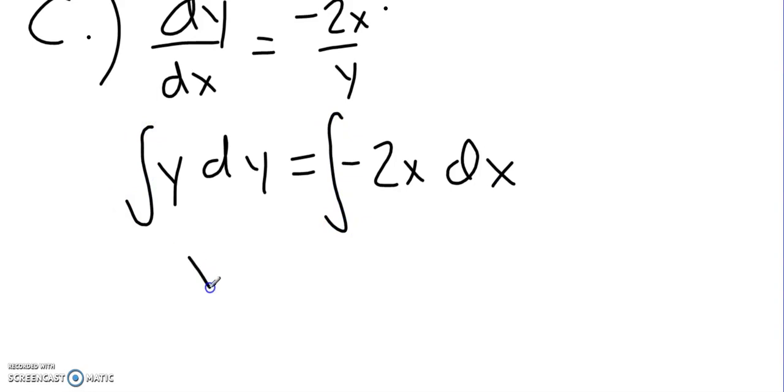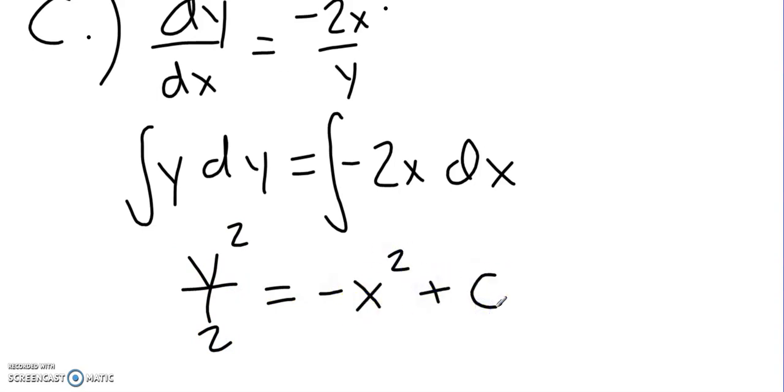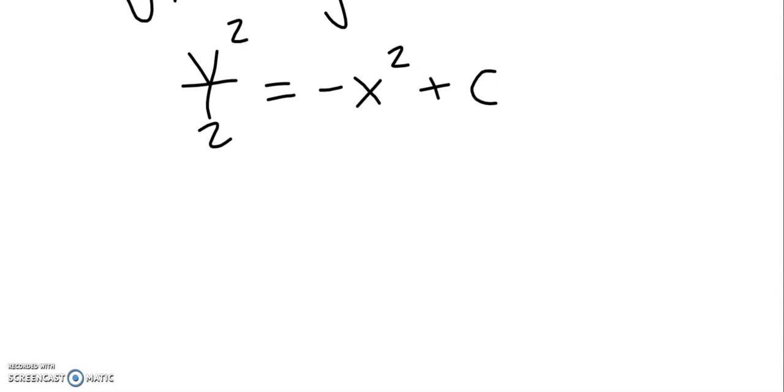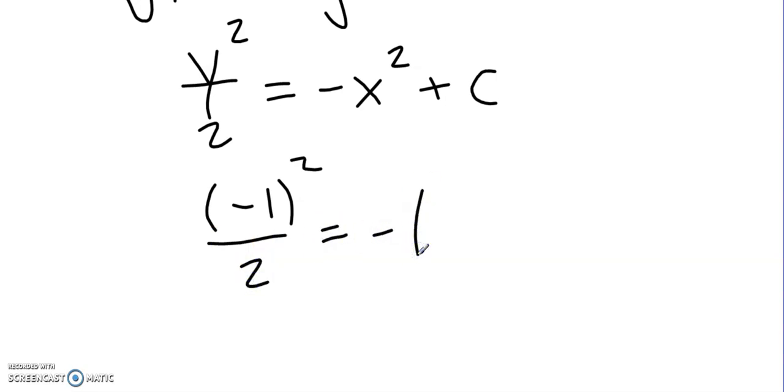And when we do that, we have y squared over 2 is equal to negative x squared plus c. Now, with that being said, we had the condition that f of 1 is equal to negative 1. So I'm going to substitute in negative 1 for our y value. And then for x, we have positive 1.